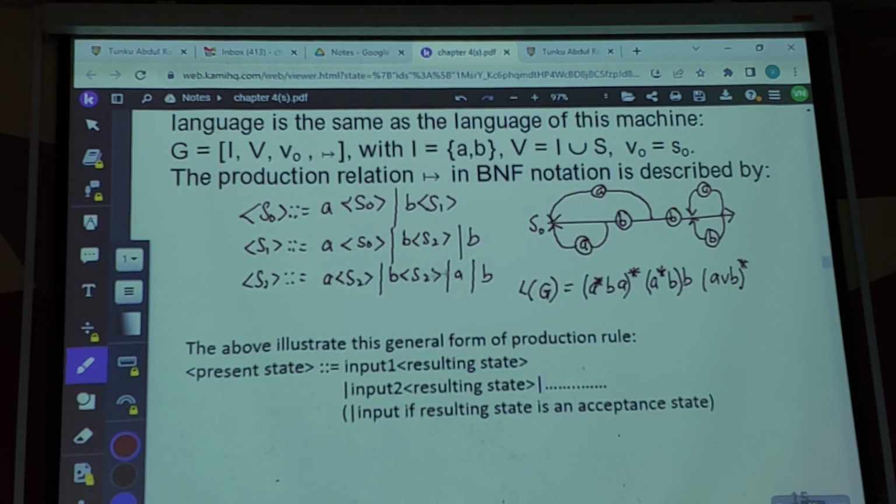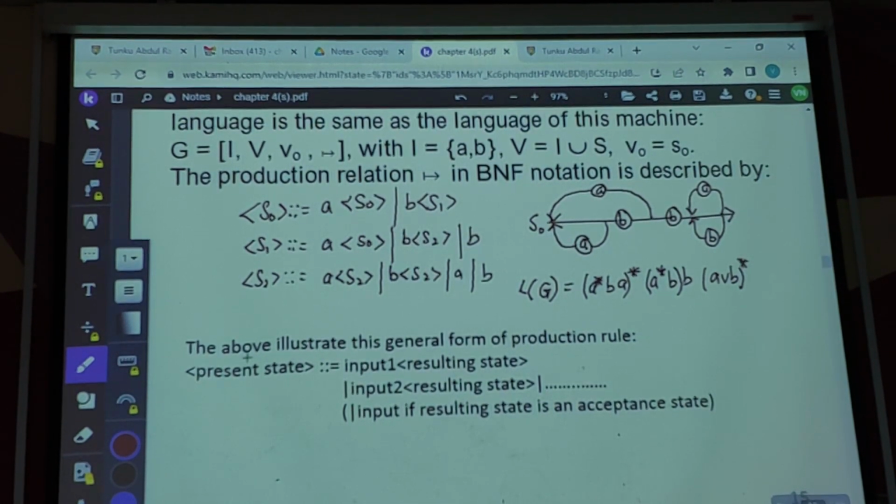So you see this one is to tell you what we need to put in the bracket for the non-terminal. This is the present state, which is your S0, S1 and S2. And then this is the input, which is our A and B. Input, the resulting state. What will happen after the input?